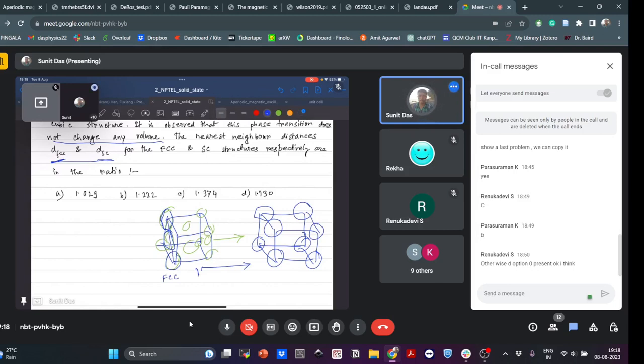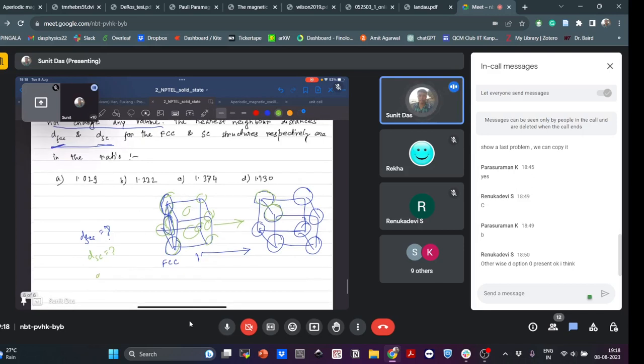And then the nearest neighbor distance between two atoms in the simple cubic phase, D simple cubic. Then you need to find DFCC by DSC.